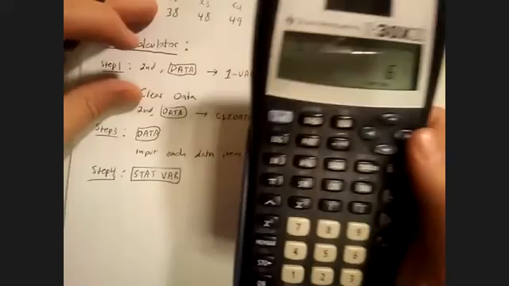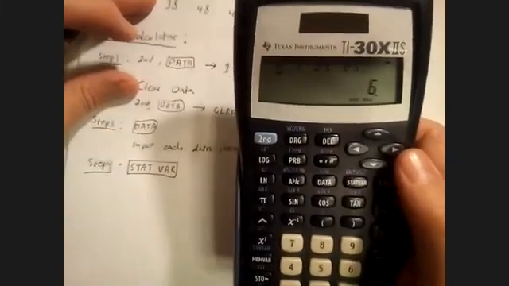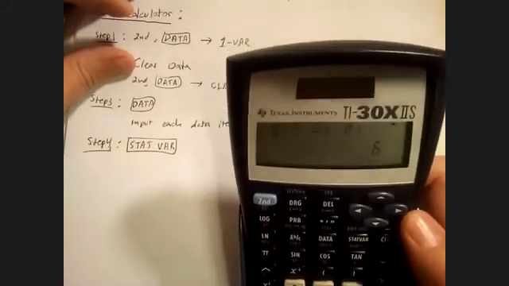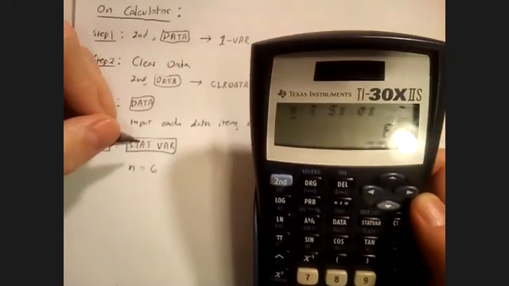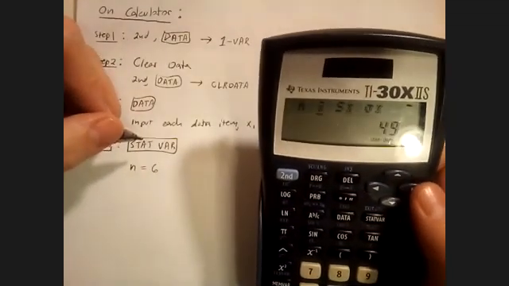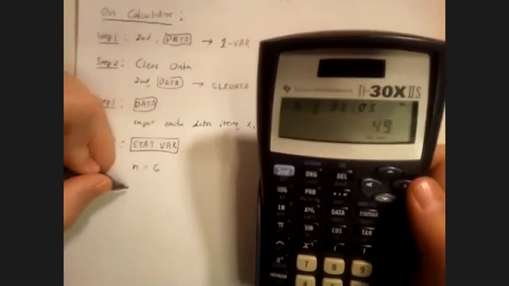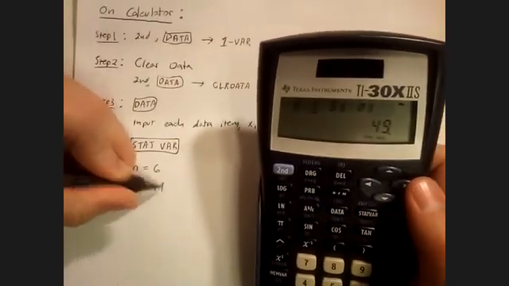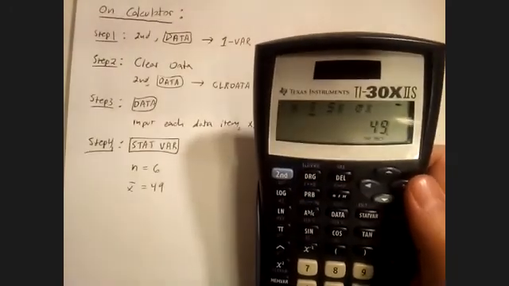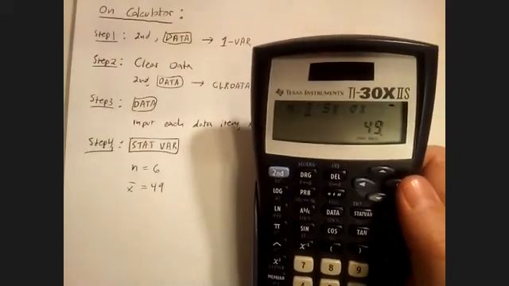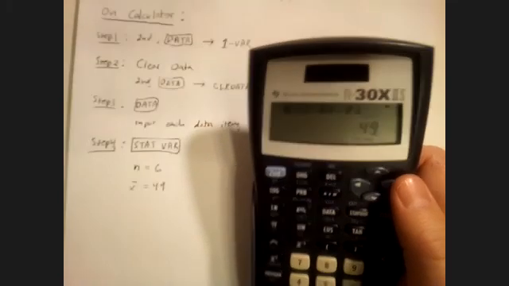So let me show you what it spits out. You see the 6, but I want to see, there we go. It says n equals 6. That's because there's n items. If I scroll over, it tells me x bar is 49. So it'll do the mean for you. Truth be told, it's probably quicker just to do the mean manually rather than type this in.